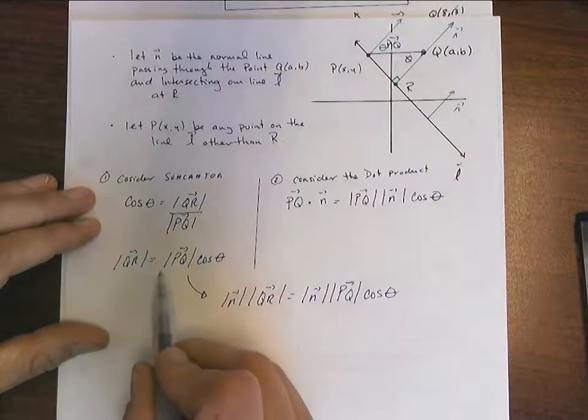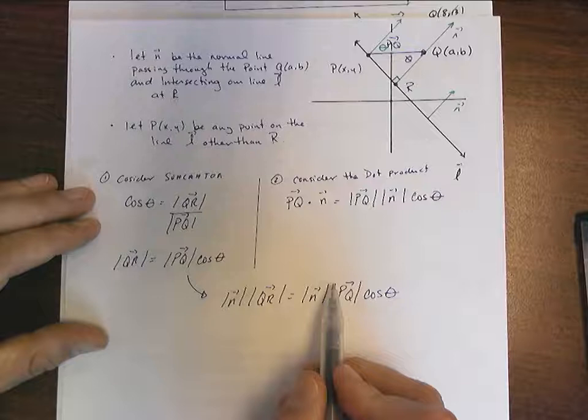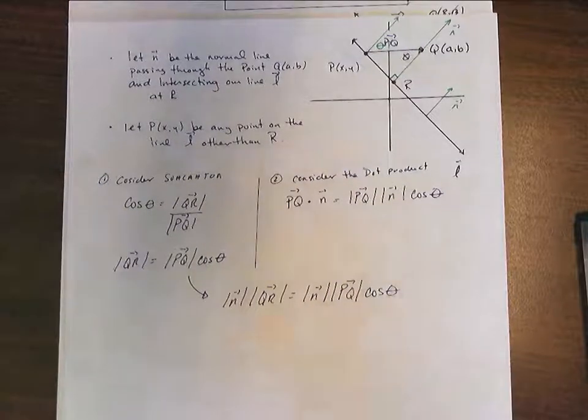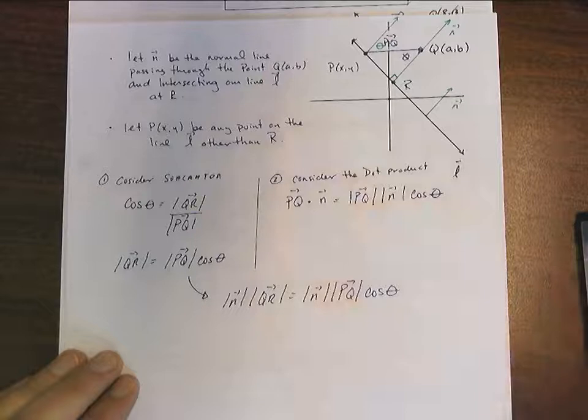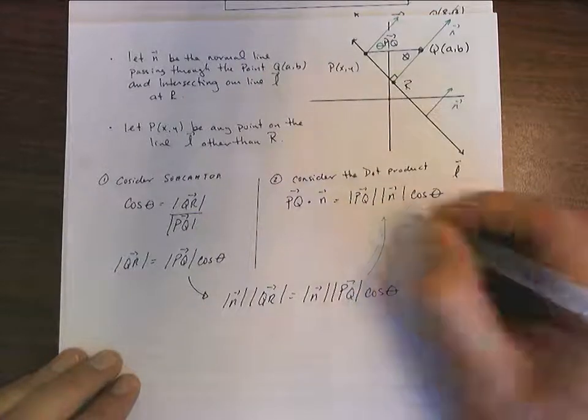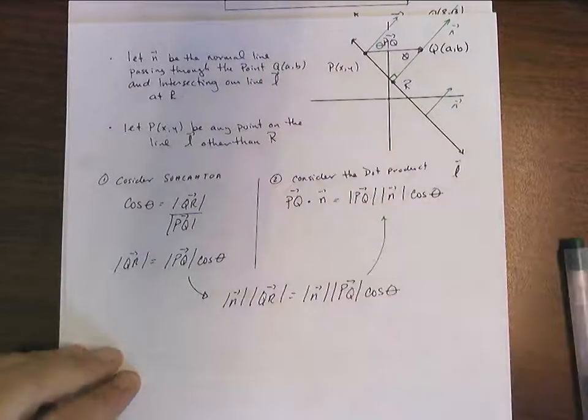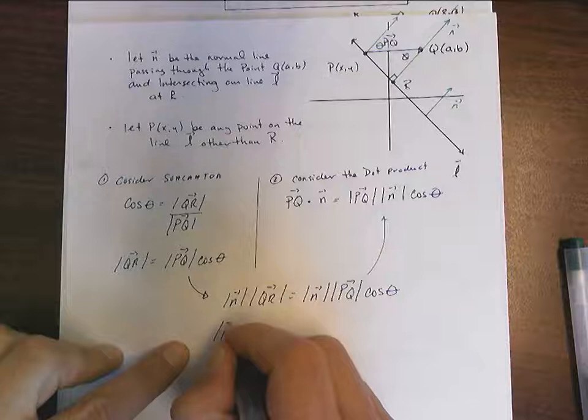So that was me taking this and multiplying both sides by a scalar. That should be fine.